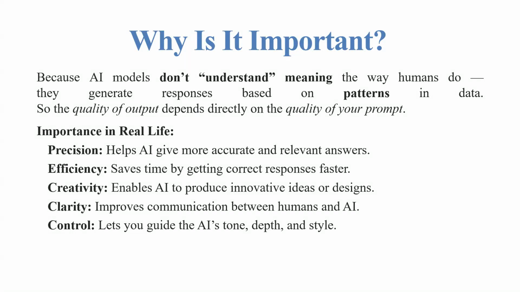In simple words, AI predicts the most appropriate next words based on your prompt. That's why the quality of the AI's answers depends heavily on the quality of your instruction. If your prompt is vague or incomplete, the AI may give a vague or incomplete response. If your prompt is clear, detailed and specific, the AI is much more likely to generate an accurate and useful answer.